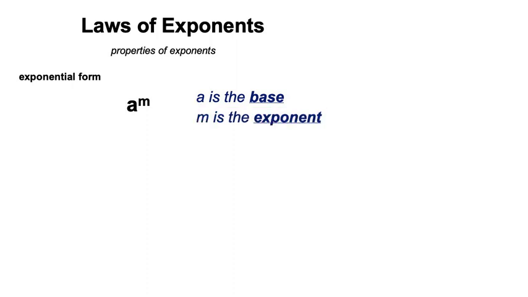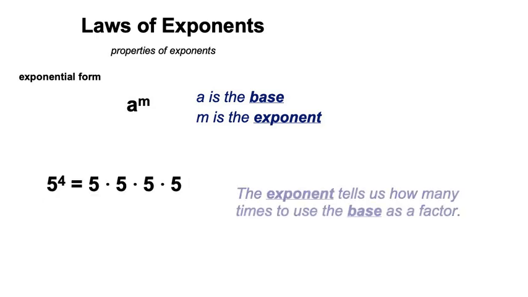One simple way of thinking of it is, if I write this down, 5 to the 4th power, 5 times 5 times 5 times 5, I can say the exponent tells us how many times to use the base as a factor. So the base is 5. It is used as a factor 4 times. 5 times 5 times 5 times 5. Pretty straightforward, right? I know you guys all knew that. But stay with me. It's the law.